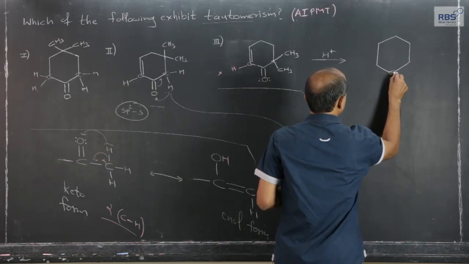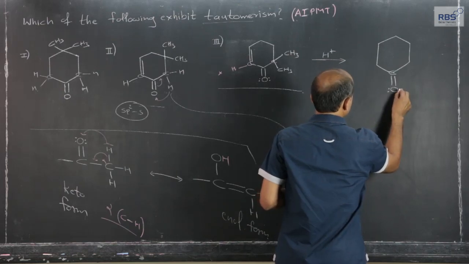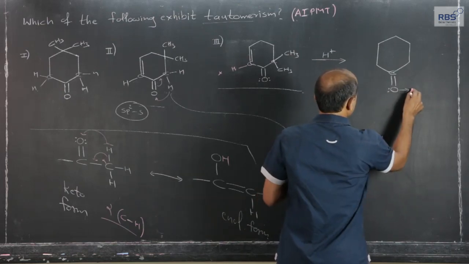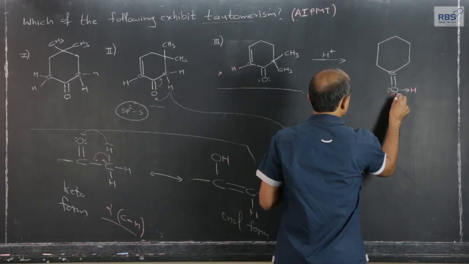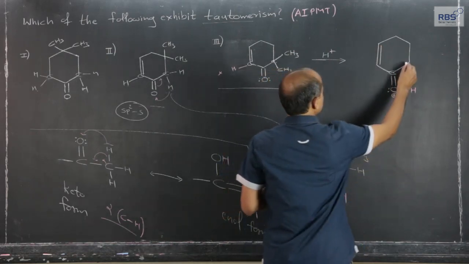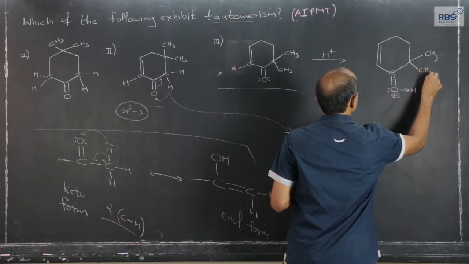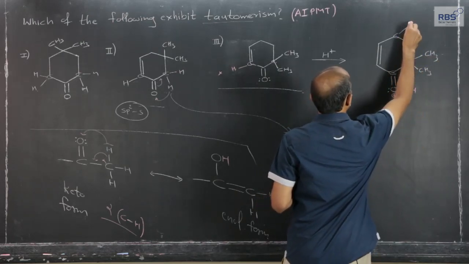Protonation of the lone pair, if it takes place, what we get is this: H plus ion from the acid, positive charge, double bond, two methyl groups as usual. Here a carbon is present, two hydrogen atoms are there.